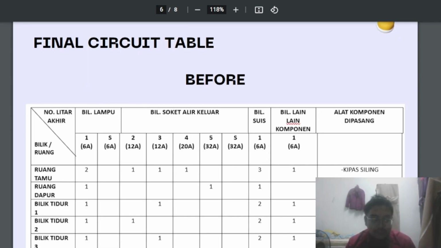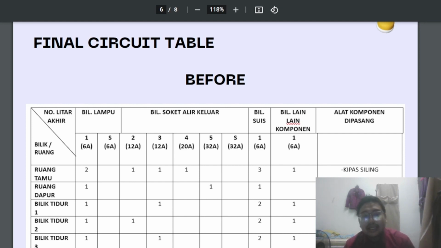Okay, furthermore, we go through the final circuit table, which compares before and after, and surely there are huge differences. As before, we only use one PCB and one storage, which is currently used in the house.